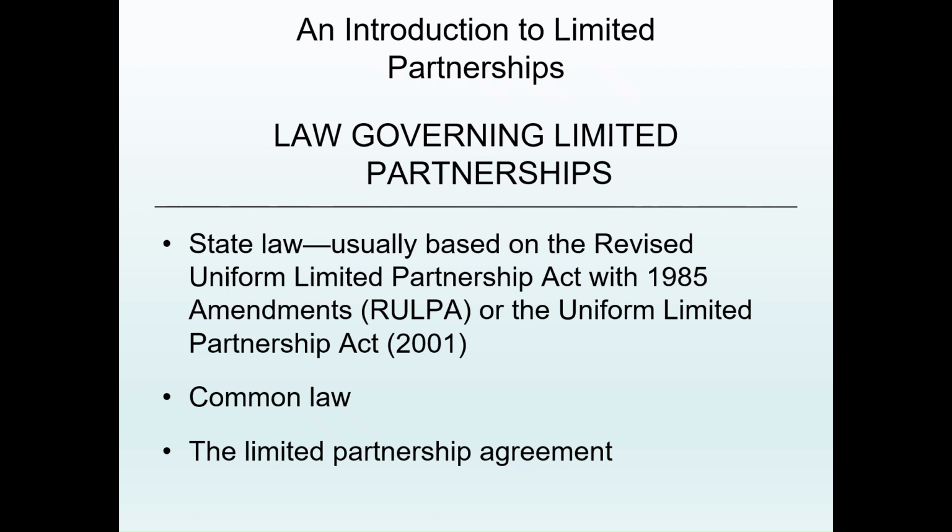As of late 2011, most states in the country have adopted a version of RULPA with the 1985 amendments. A few of them have recently adopted the Uniform Limited Partnership Act of 2001. Some states have amended their statutes in recent years to include provisions for limited liability limited partnerships.